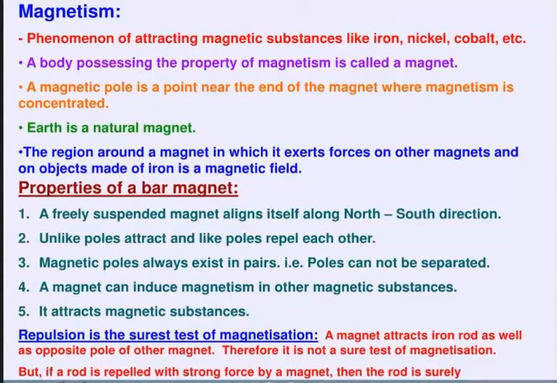The phenomenon of attracting magnetic substances like iron, nickel, cobalt, etc. by a magnet is called magnetism. So magnetism is the property associated with a magnet by virtue of which it attracts substances like iron, nickel, cobalt, etc.